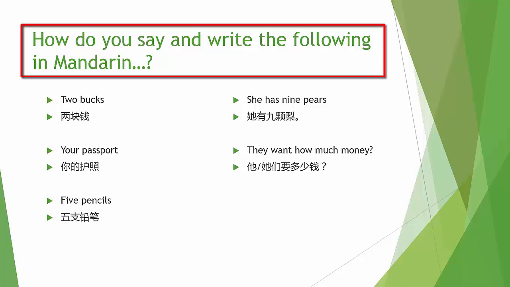So think of a number, and most importantly, how do you say dollar in Mandarin? Here's the answer I'm going to give you. How do you say and write it in Mandarin?